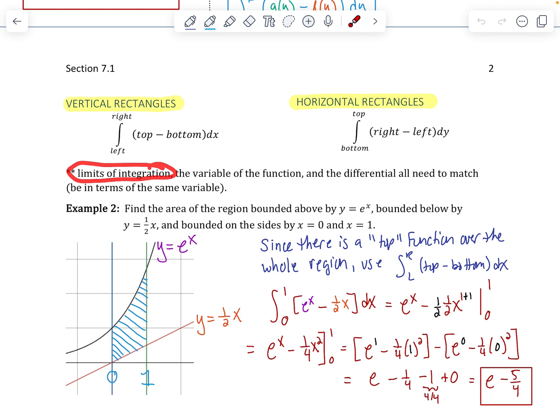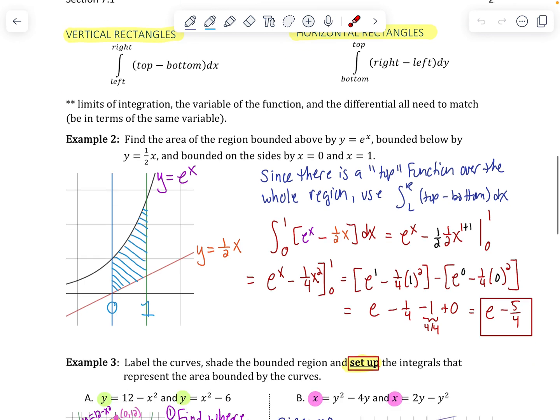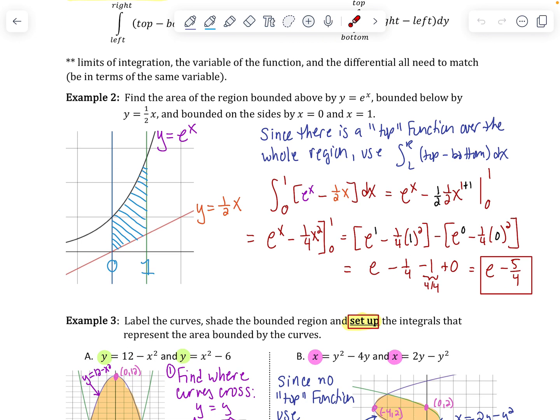And as I stated a minute ago, when it comes to the limits of integration, it's the variable that's being integrated. And so we need to be sure that we're doing that, the differential, for all of the functions to match. So that's why the top bottom will have a dx and the right left will have a dy.